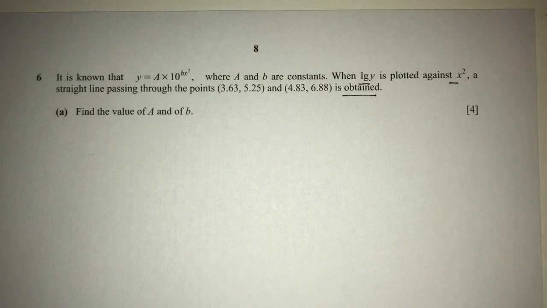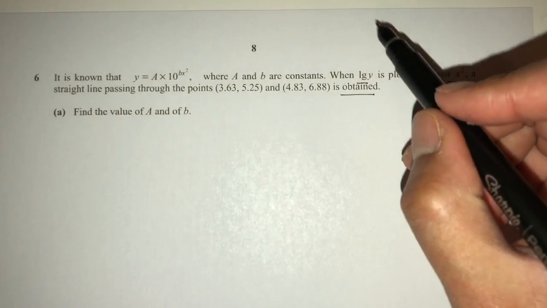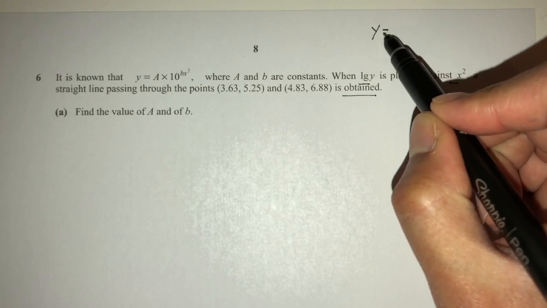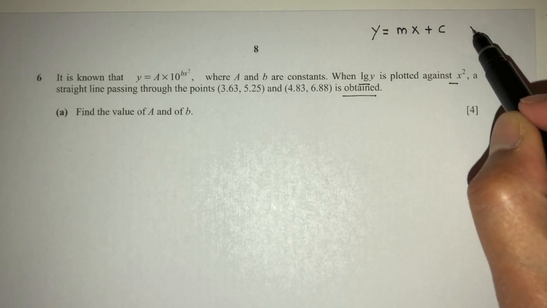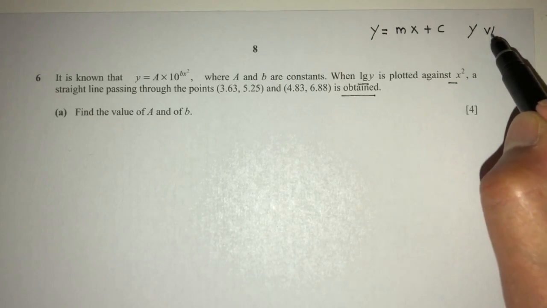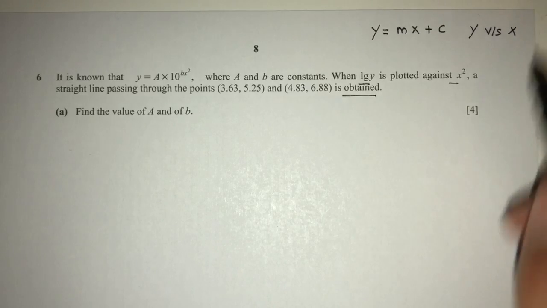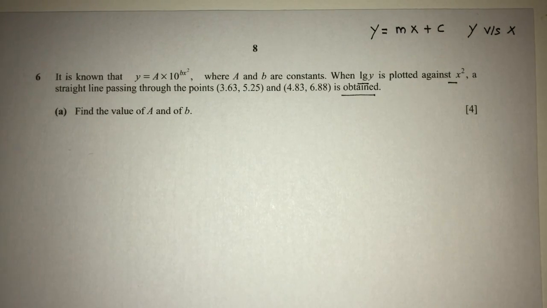So one thing we have to realize here is, I think from paper 1, paper 4024, we realized that the equation of a straight line is y equal to mx plus c. This is when y is plotted against x. So it is the same concept here again as well.